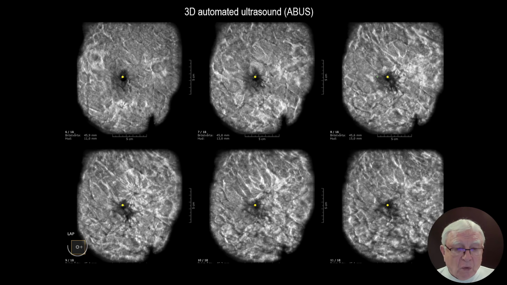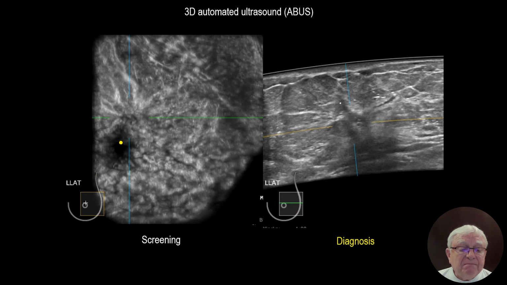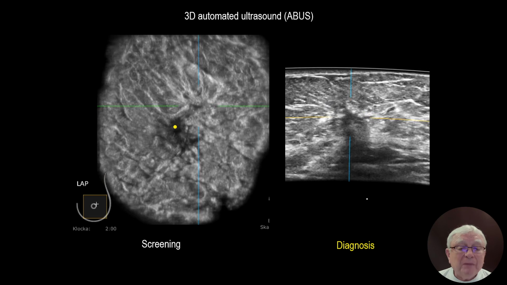Now we go for 3D automated ultrasound, which shows architectural distortion. Tomosynthesis and 3D automated ultrasound are going to show architectural distortion well. You put the cursor there and you still don't know whether it's cancer or radial scar.